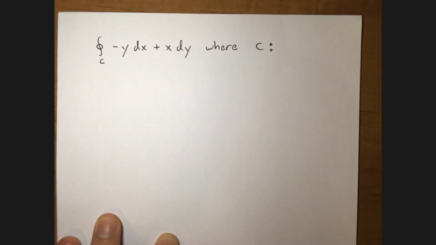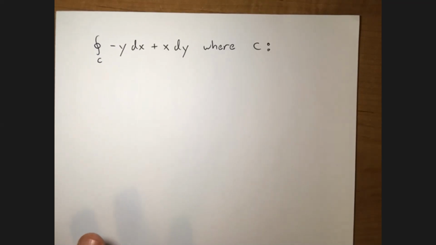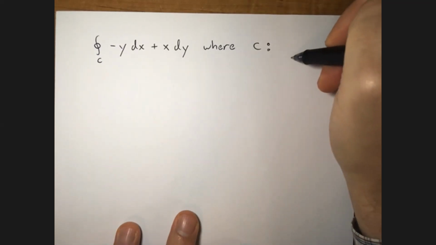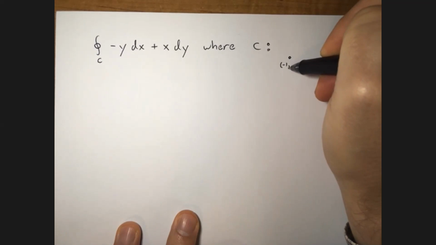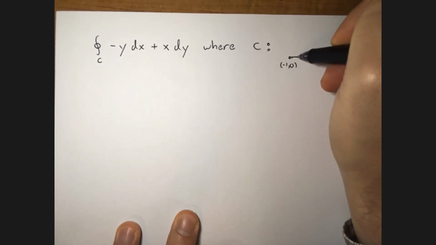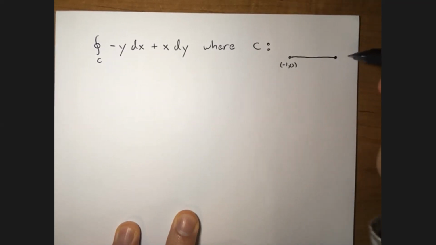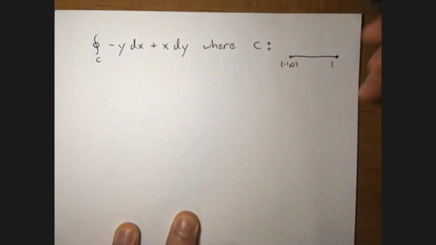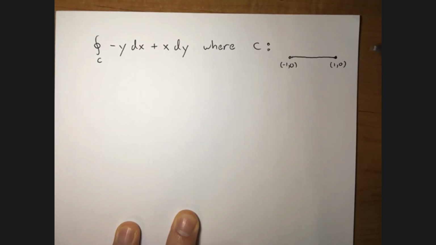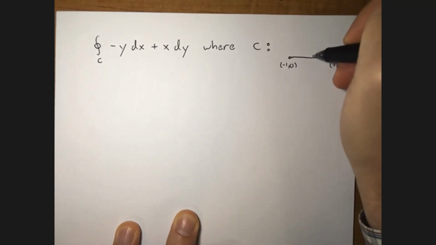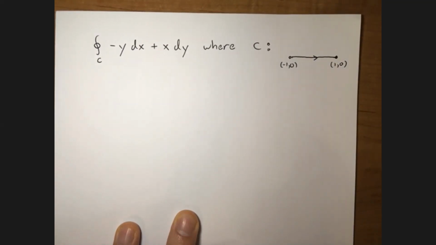So C is going to be, we're going to integrate along this curve from -1, 0 to 1, 0. So it's just a straight line, pretty simple.